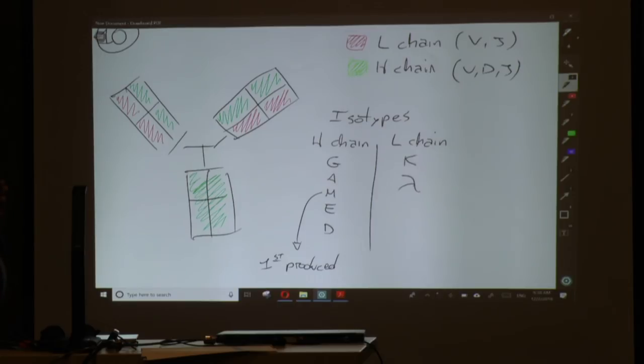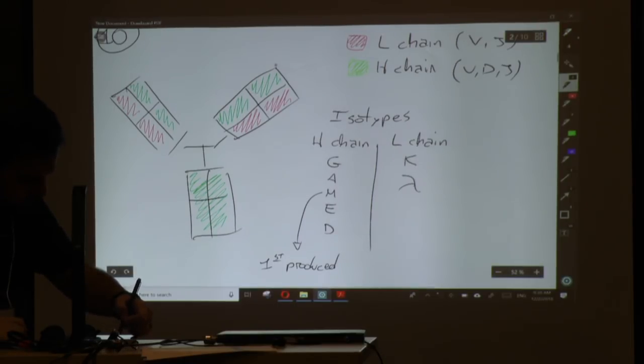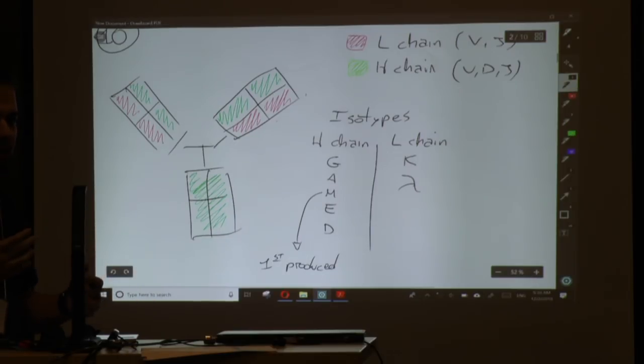Now, each heavy chain and each light chain, basically the top boxes, if you want to call them that, this is where the V, D, and J and V and J come into play, right?